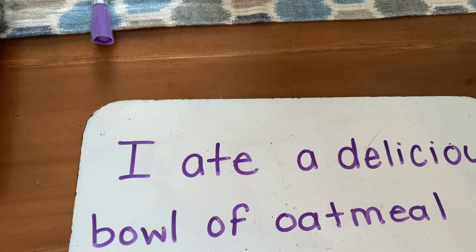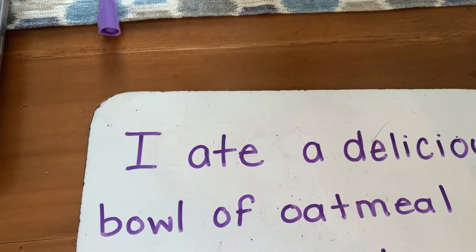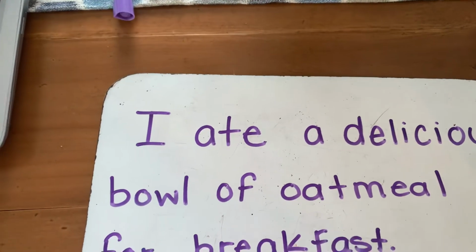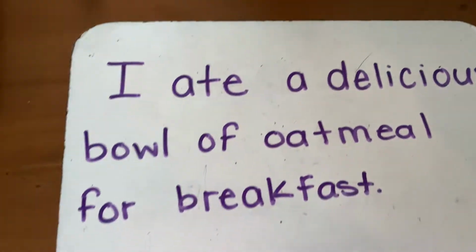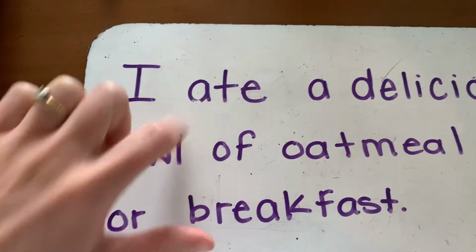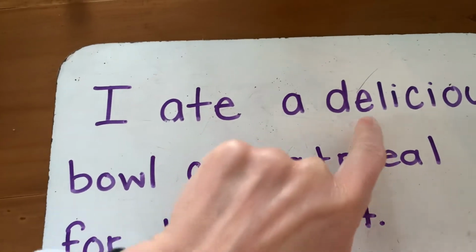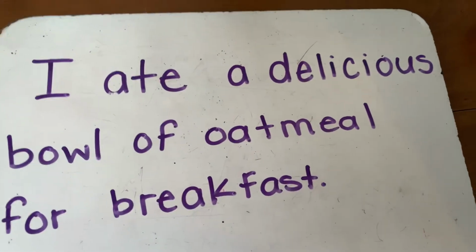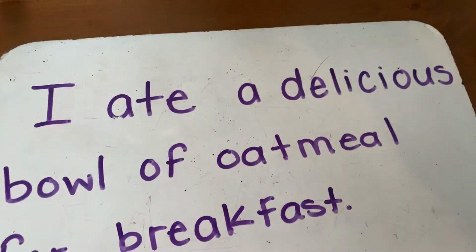Sorry, I'm scrolling back to my screen here. So you'd circle the nouns, oatmeal and breakfast. Ate is my verb, so I would draw a line under that. And delicious describes my oatmeal, that's my adjective, so I draw a box around that, okay?